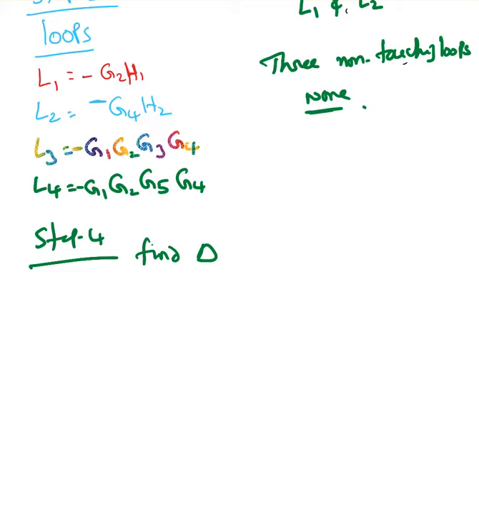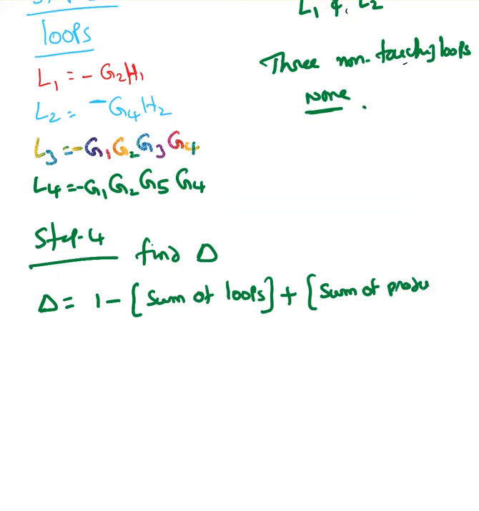Delta equals 1 minus the sum of loops, plus the sum of products of two non-touching loops, minus the sum of products of three non-touching loops.